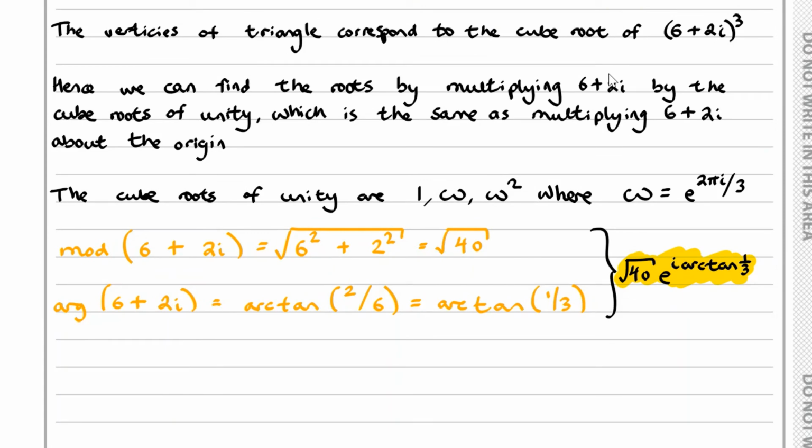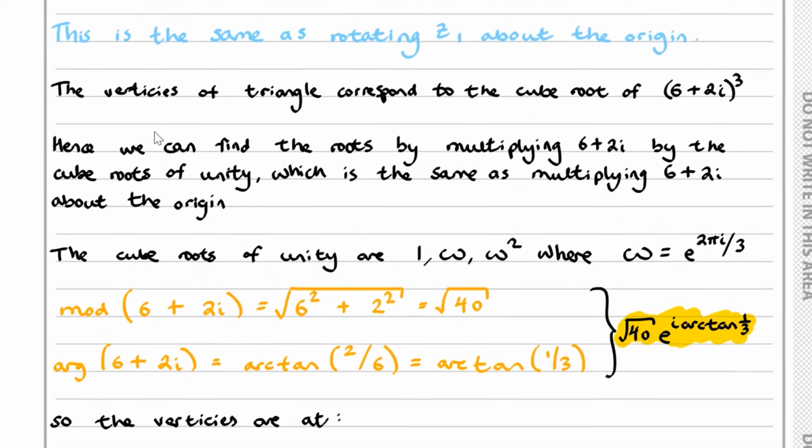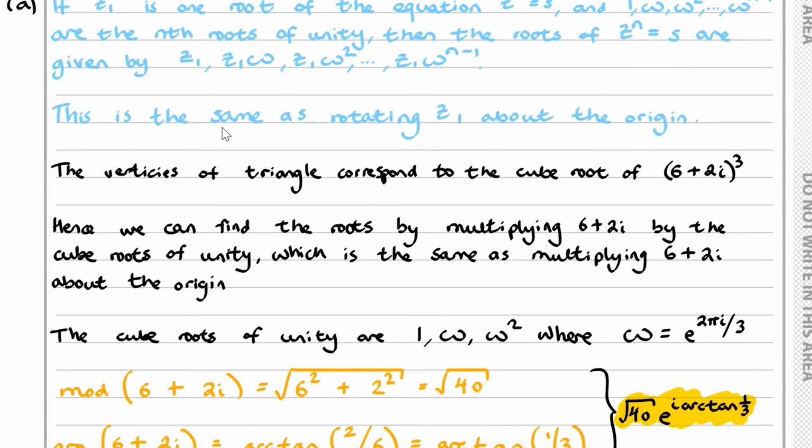Now, from this we can find out the vertices. So if we wish to find the vertices, we've got to use this statement here, where we multiply 6 plus 2i by the cube roots of unity.